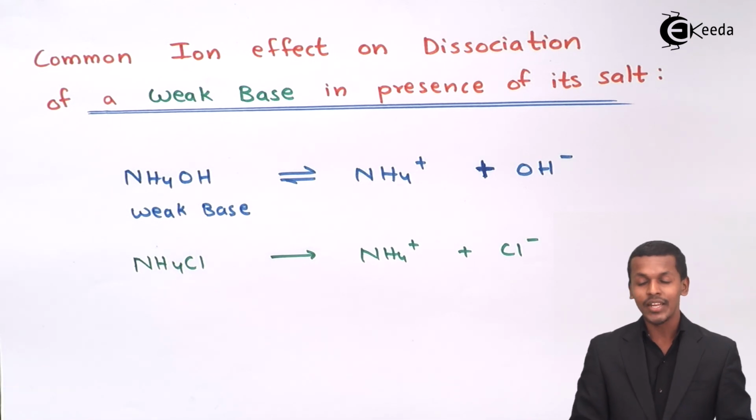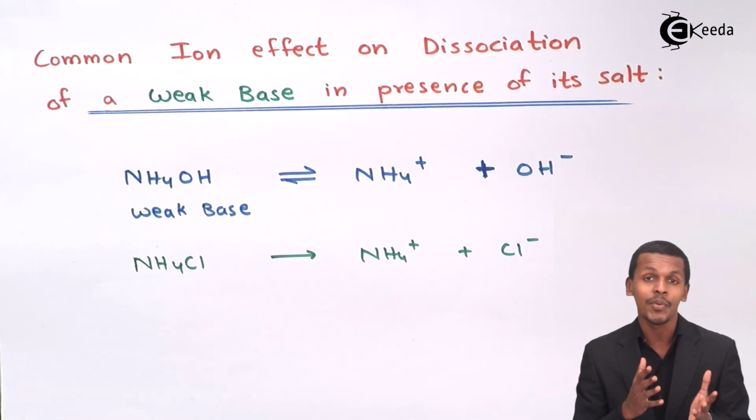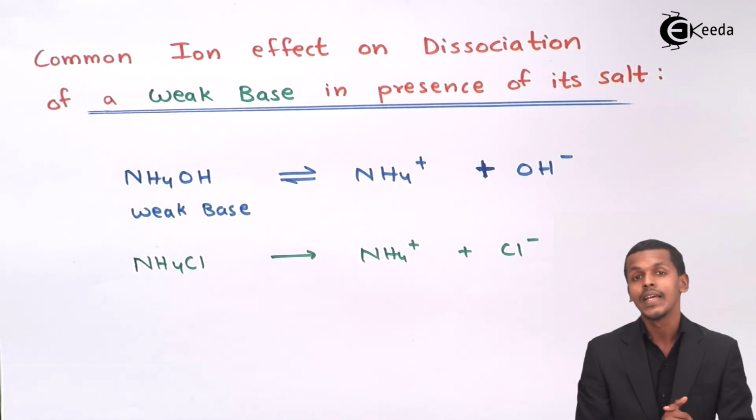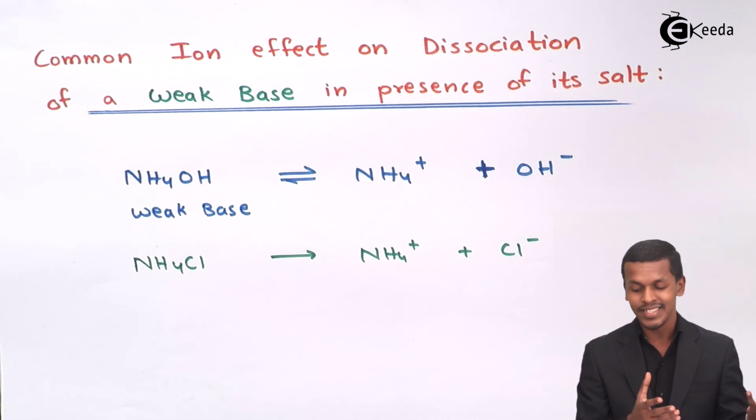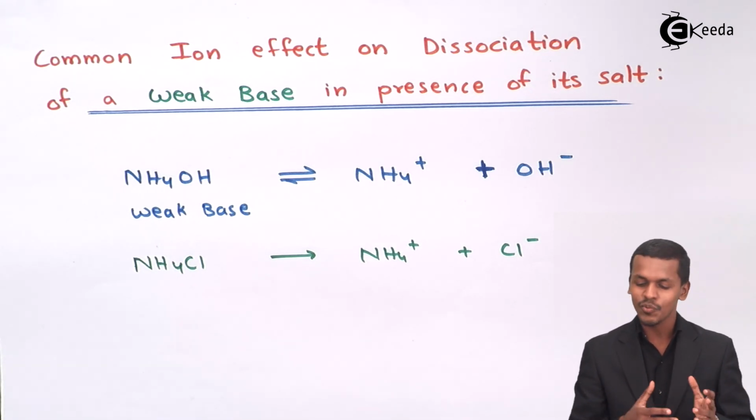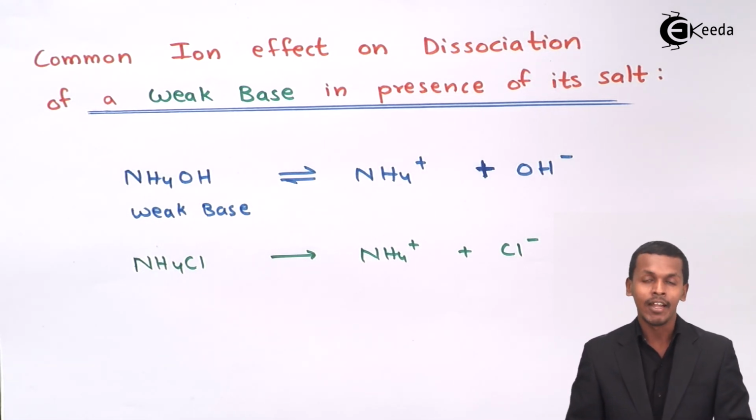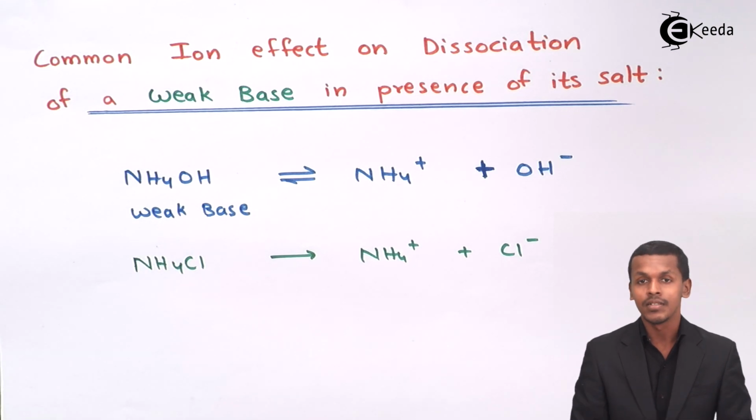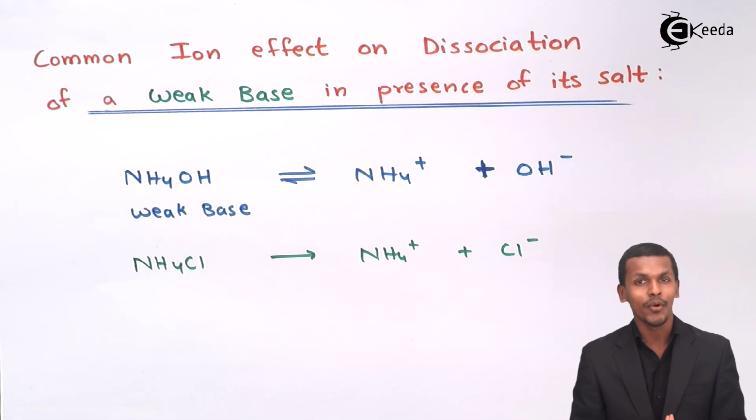So this is the common ion effect on the dissociation of a weak base. Because of the common ion effect we can suppress the dissociation of the weak base, in this case ammonium hydroxide, and the common ion effect plays a vital role in not only suppressing the dissociation but also in decreasing the pH value. This is what I wanted to talk about.